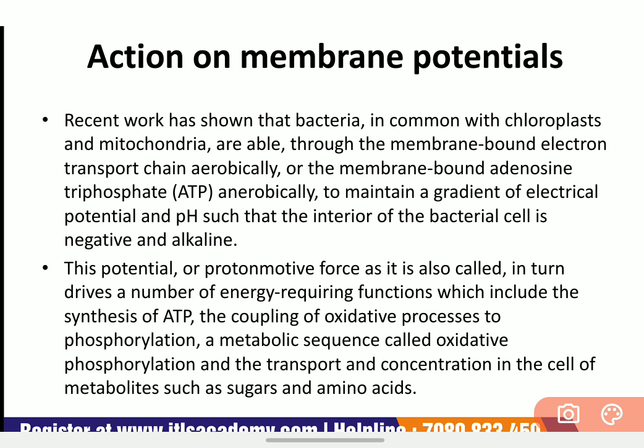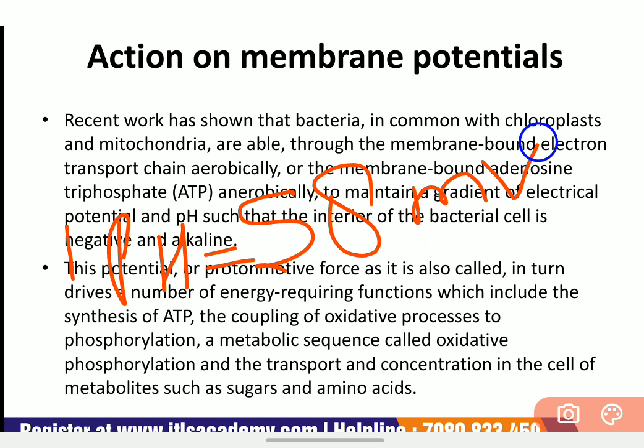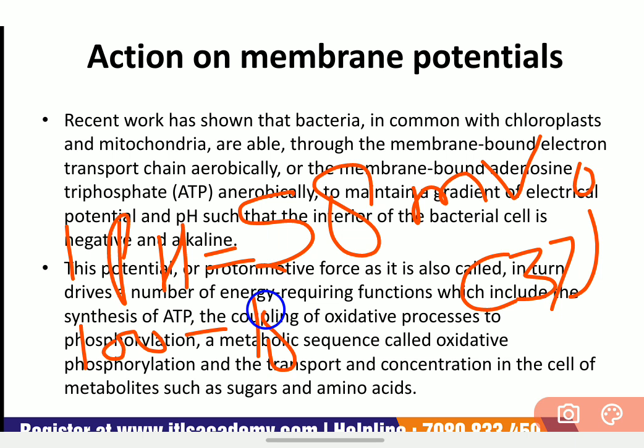This potential gradient and the electrical equivalent of the pH difference, that is, if one pH unit is equal to 58 millivolts at 37 degrees centigrade, give a potential difference across the membrane of 100 to 180 millivolts.